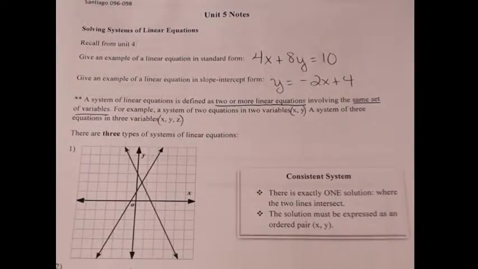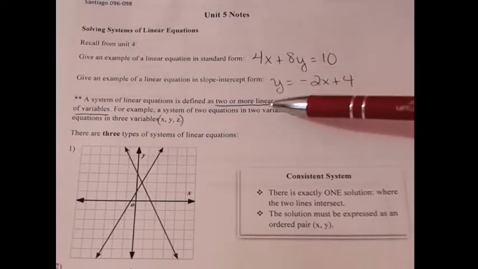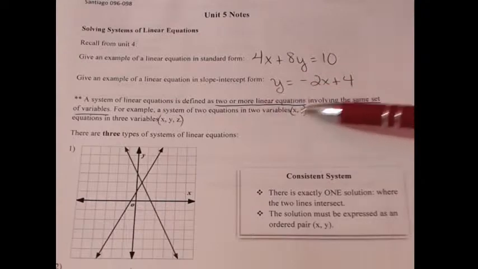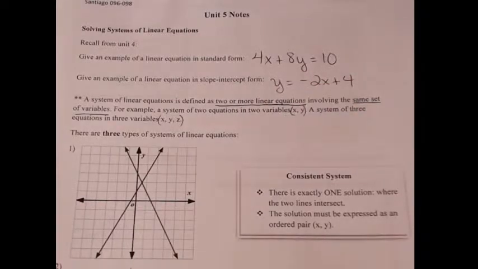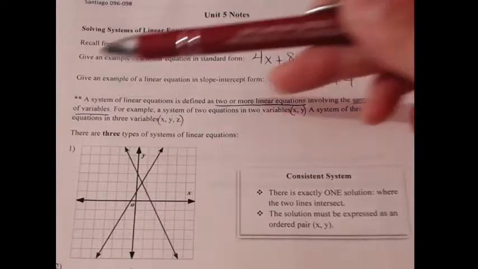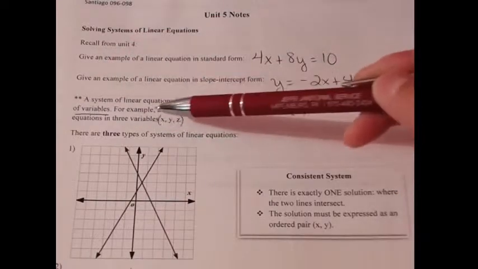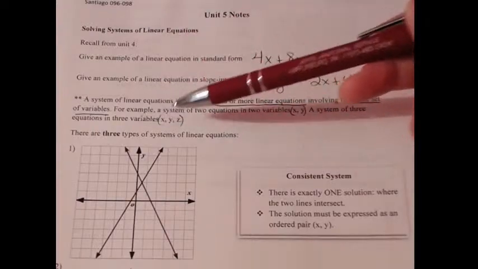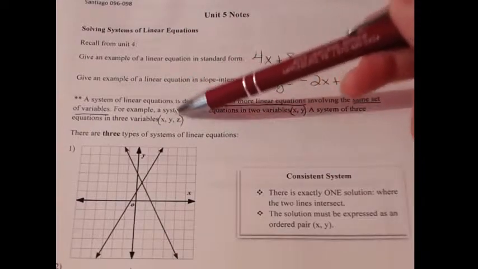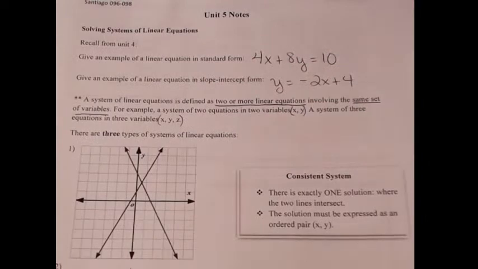Now, I put parentheses around the x and the y and the x, y, and z to show that the solution to a system of equations with two unknowns would be the ordered pair x, y. If we had a system of three equations with three unknowns, it would be the ordered triple x, y, z. Ordered pair, ordered triple. Makes sense?